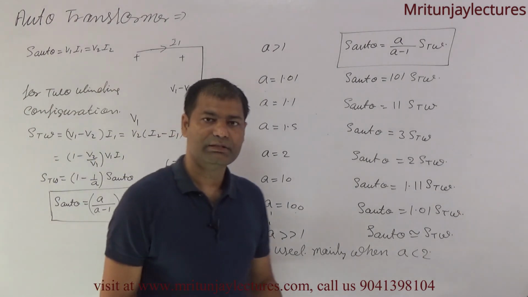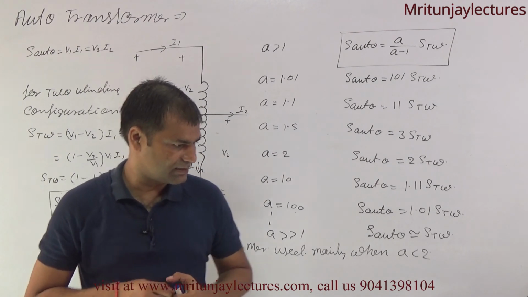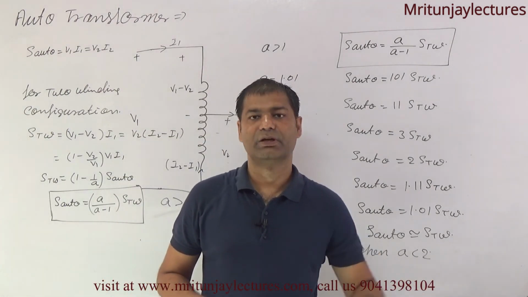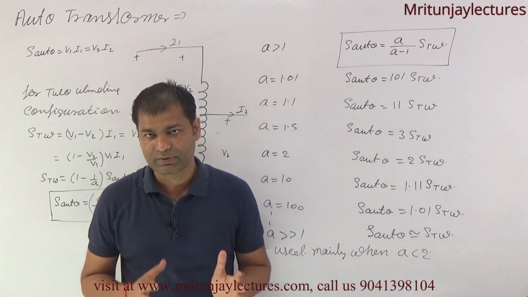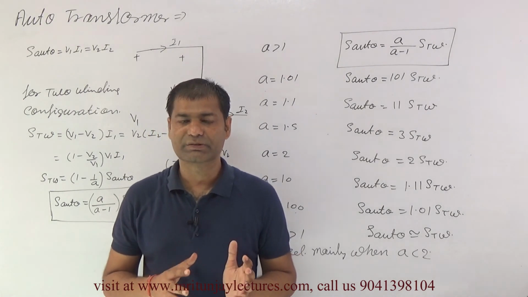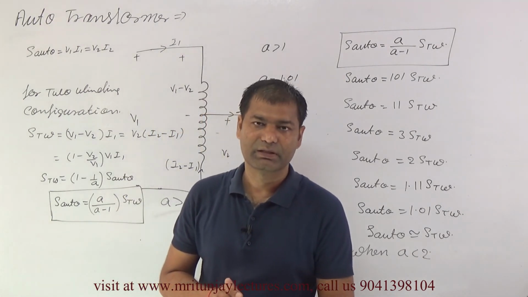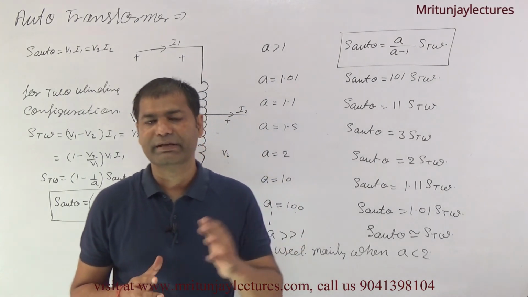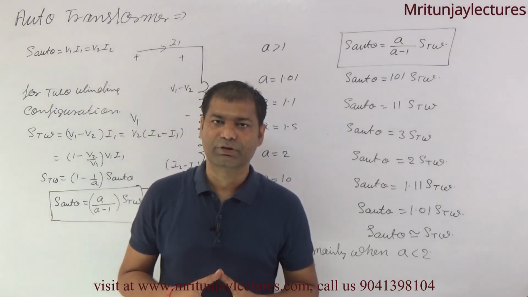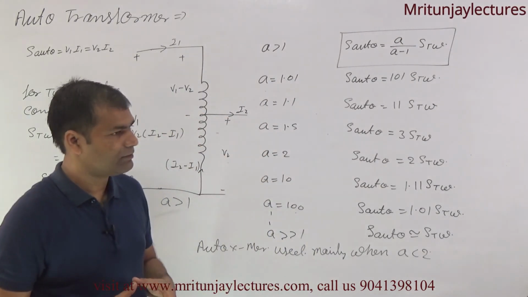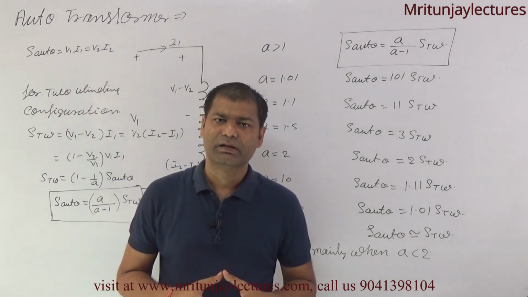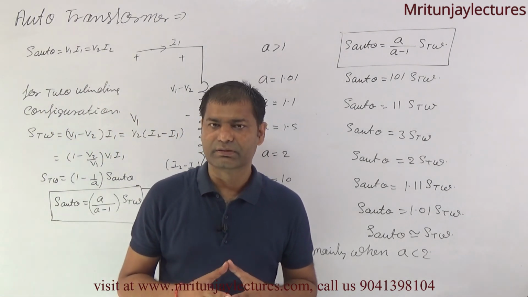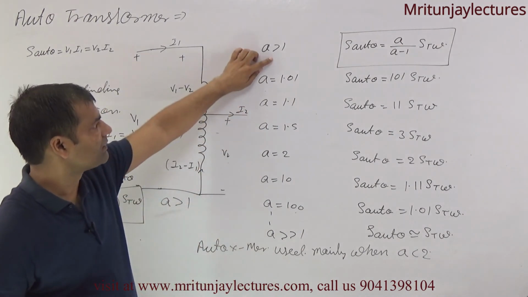In this lecture we have discussed how to make a two winding transformer, and how to make an auto transformer with the help of a two winding transformer. By connecting a conducting wire in the two winding transformer, we make an auto transformer. Clear? And efficiency is higher. Of course, there are some limitations.